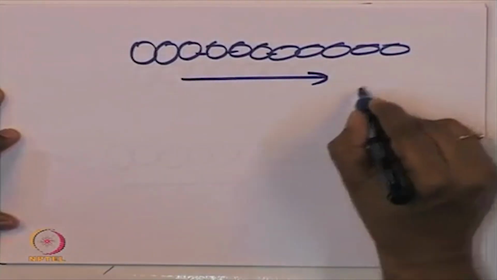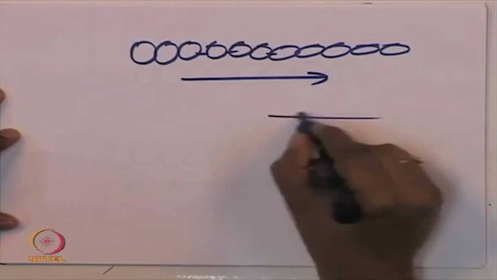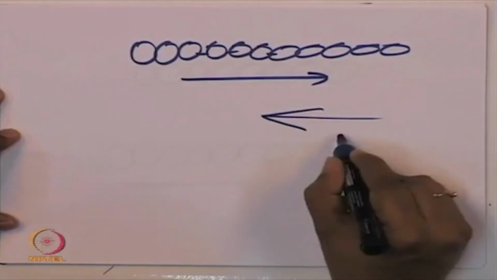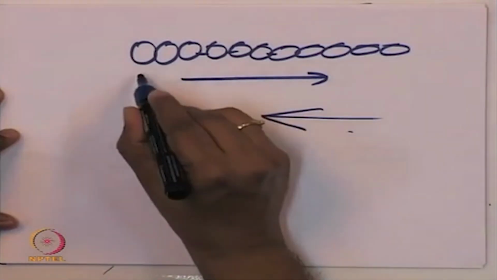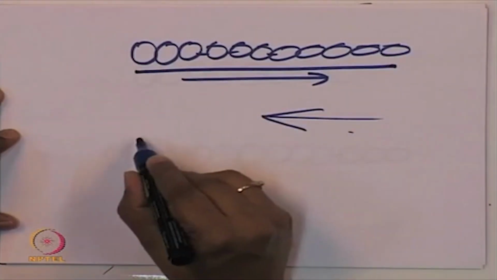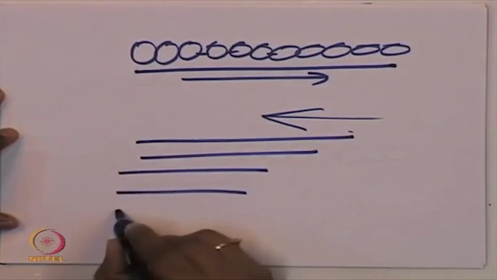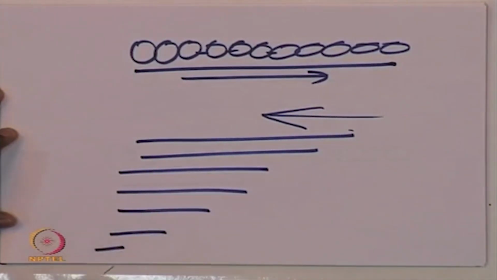Then suddenly at some point it starts to shrink. So you have a filament of this length, and suddenly it becomes a filament of this length. It just starts shrinking, the length just decreases. So that is the second part.